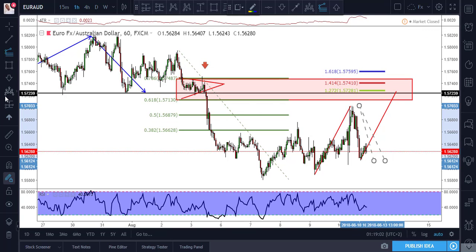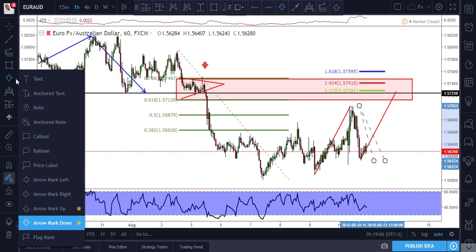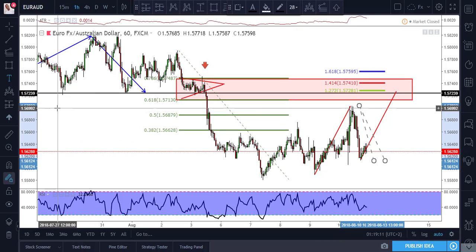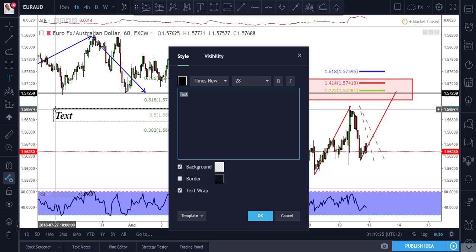All right, so what do we have? If you have some system that you would consistently take a look at, first thing you might say, we have minor structure right here.